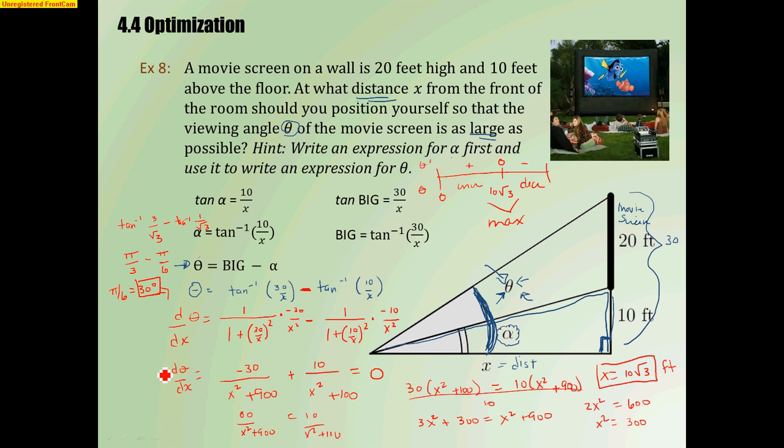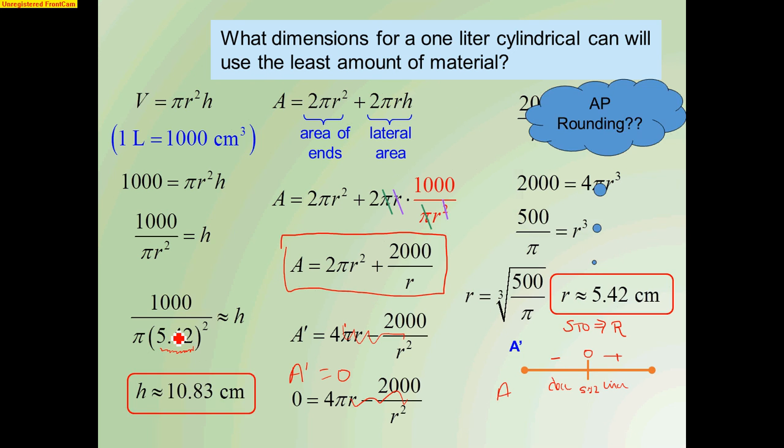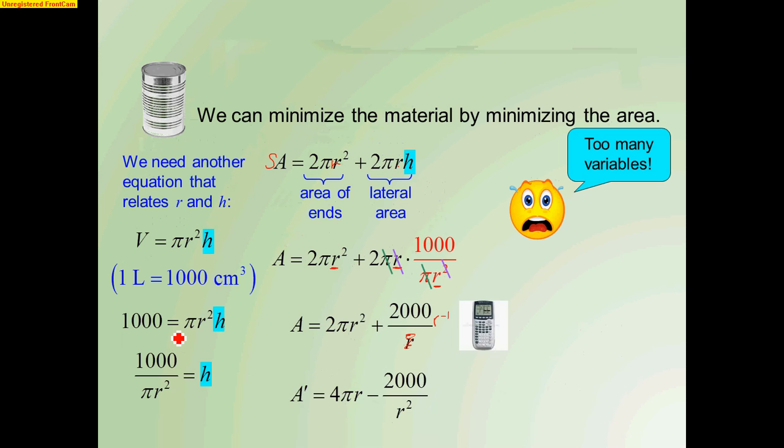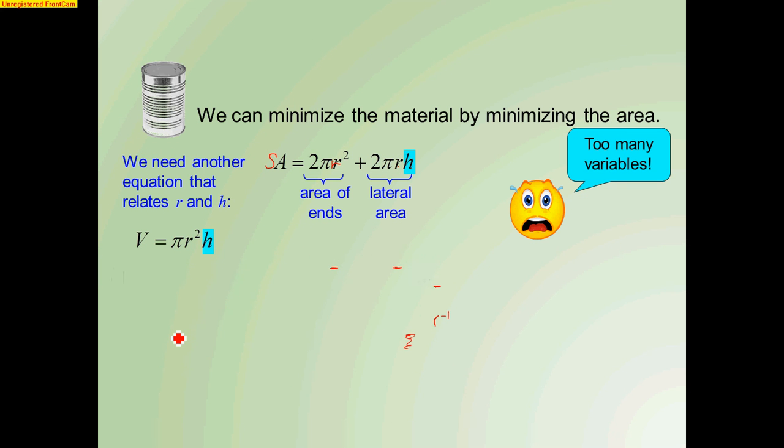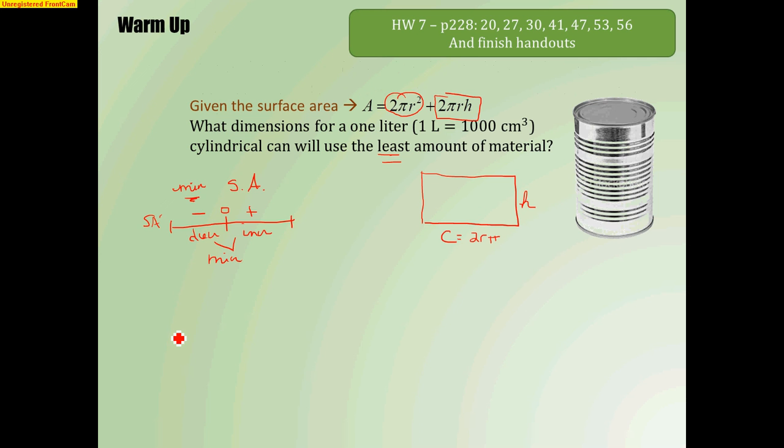Right? All right, so there's me just going through a bunch of problems with you. Your homework is homework number 7, and finish these handouts, because even if you redo problems, it helps, I promise.